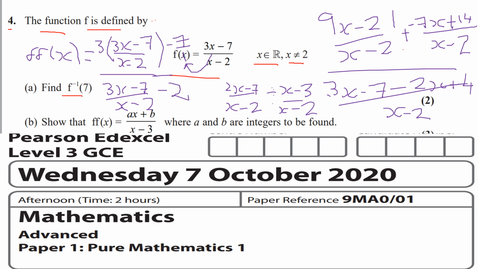These actually cancel, so I'm just left with 2x minus 7 over x minus 3, because you're going to multiply by the reciprocal. Sorry for jumping a bit in steps there, but hopefully you can see that. So that will now become a multiplication, so you'll be multiplying by x minus 2 over x minus 3.